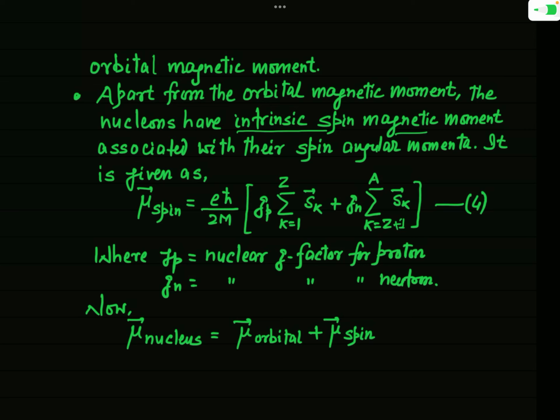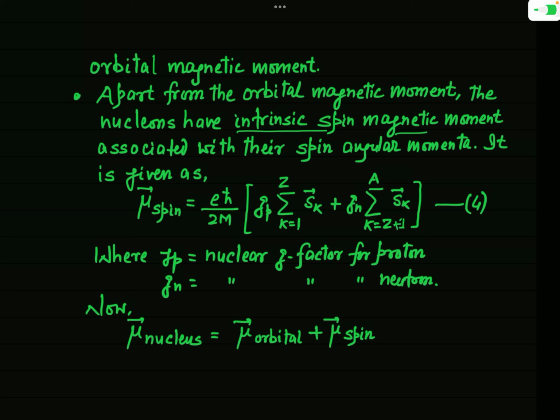So due to the spin of the nucleons, both protons and neutrons will have a spin magnetic moment. Neutron will also have a spin magnetic moment, because the neutron also possesses a spin angular momentum.